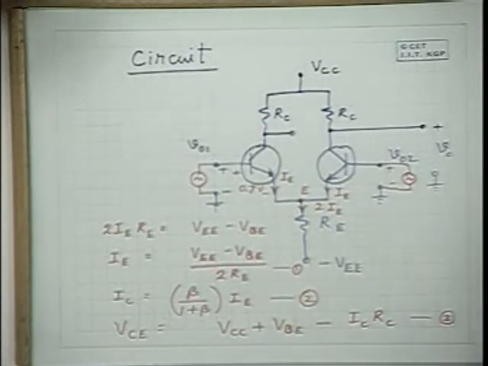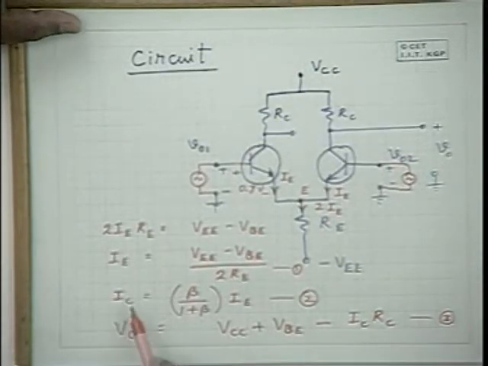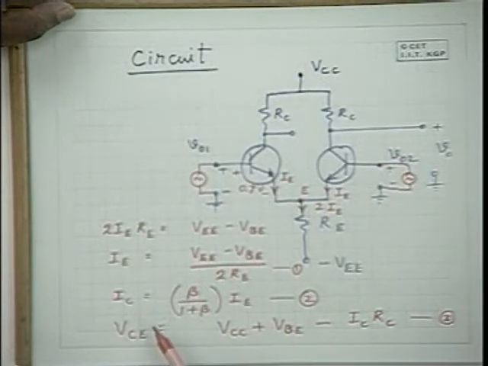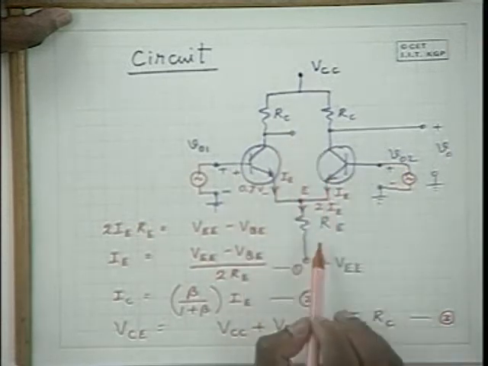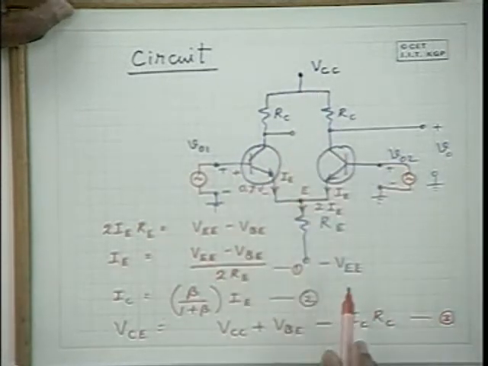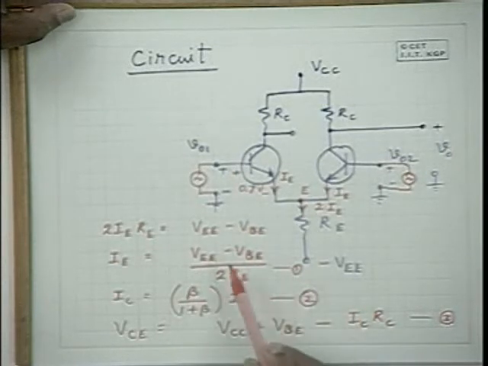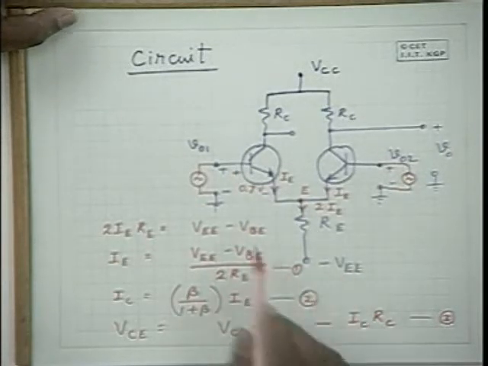From these 3 equations, we can determine the quiescent point. We can determine IC and VCE. So given RC, RE, VCC and VEE, we can determine the quiescent point by analyzing the circuit.